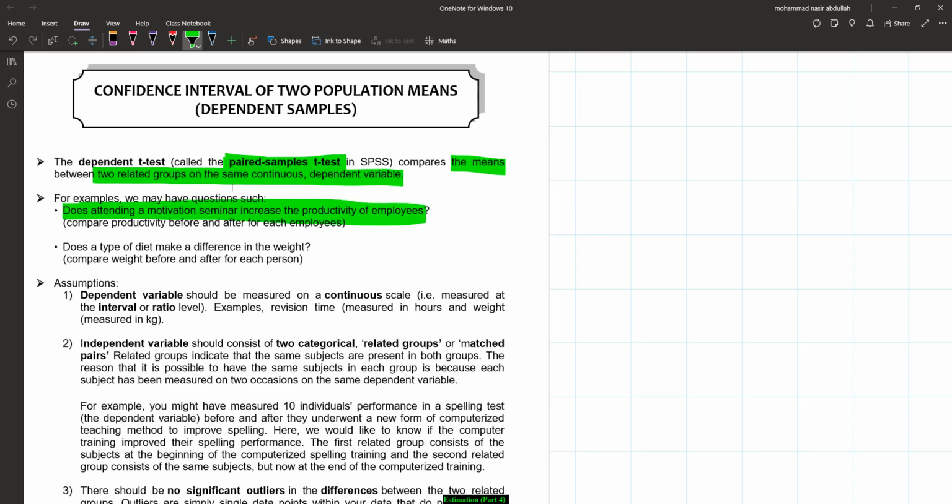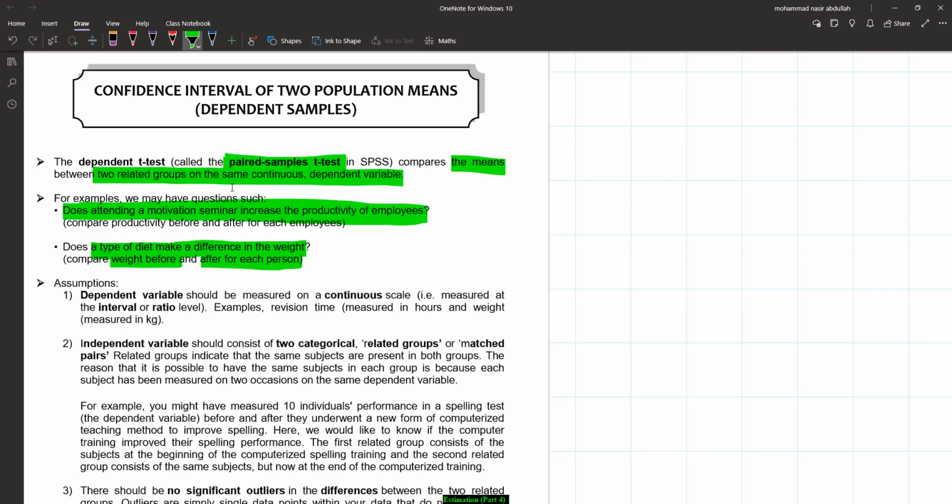We can measure the productivity before and after attending the motivation seminar. Another example, does the type of diet make a difference in weight? We can compare weight before and weight after for each person.